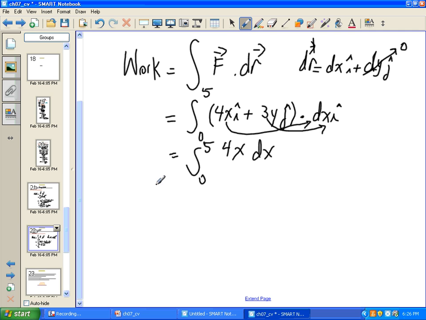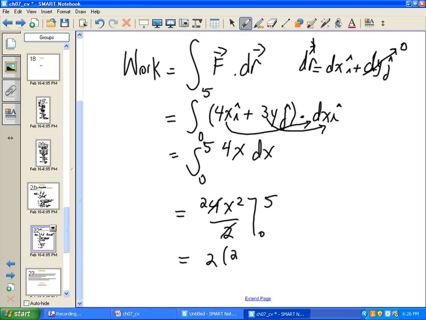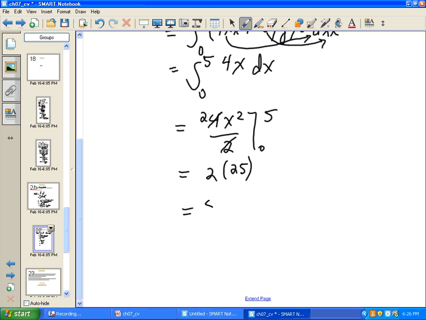And so our integral is merely 4x dx, which is 4x squared over 2 from 0 to 5. The 2 of the 4 gets canceled by the 2 here. So 2 times 25 is the work done, which is equal to 50 joules. And again, this is positive 50 joules.